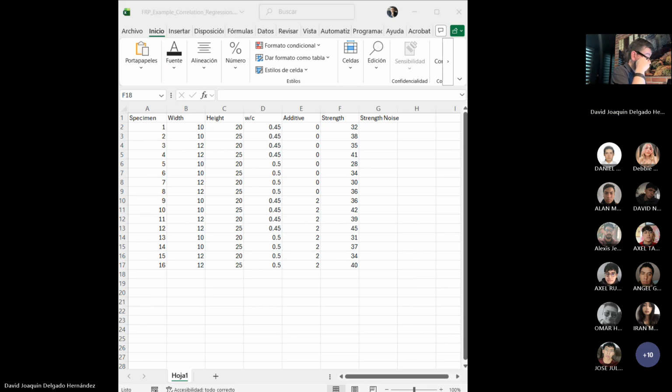These are the values. Please copy these values in your Excel file.